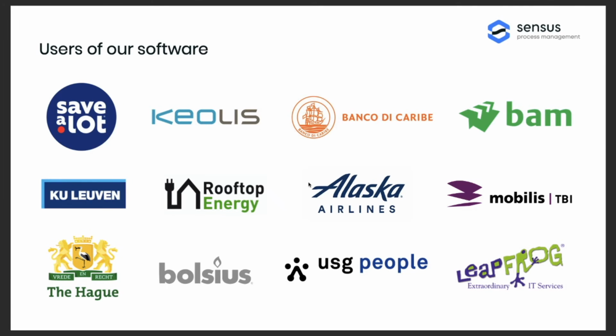So you see all kinds of organizations: The Hague, a city; the University of Leuven, that's in Belgium; but also Banco di Caribe, some large building companies here in Holland, and Alaska Airlines is also one of our customers. So you see a lot of different companies, and that's what we really like about it.